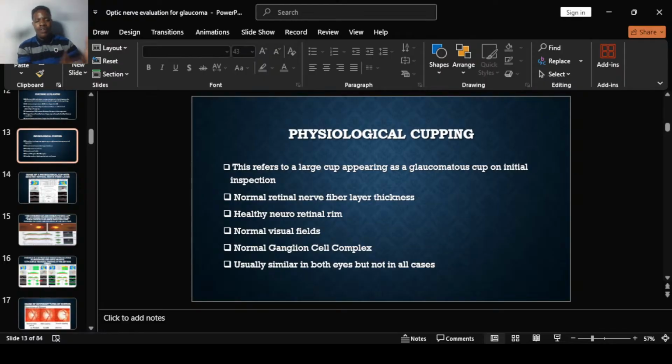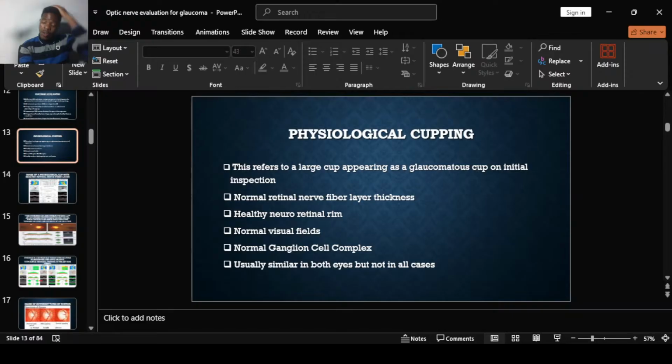I don't know if I've said it, but let me say it now: a loss in neuroretinal rim is more indicative of glaucoma than a large cup. Every time we see loss in neuroretinal rim, it rings more bells than a large cup, because a cup can be large and it's not glaucoma, but with a loss in neuroretinal rim, definitely something is wrong there. So apart from the healthy retinal nerve fibers, you will also notice a healthy neuroretinal rim.